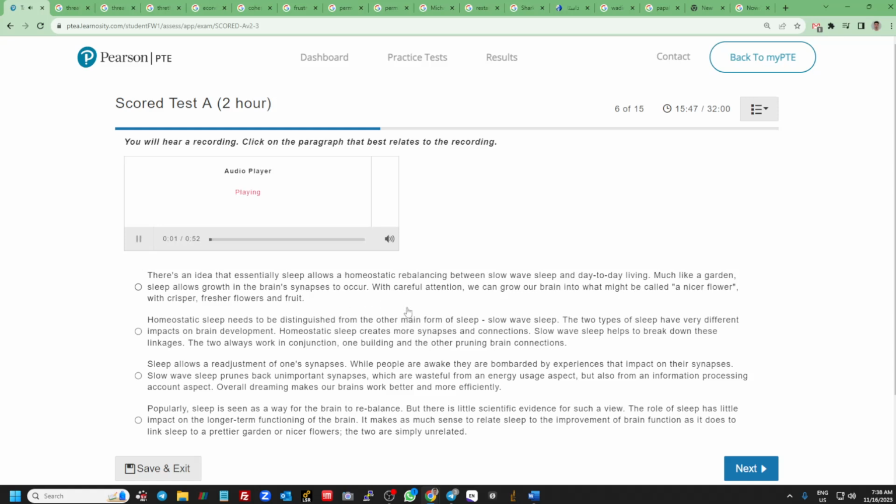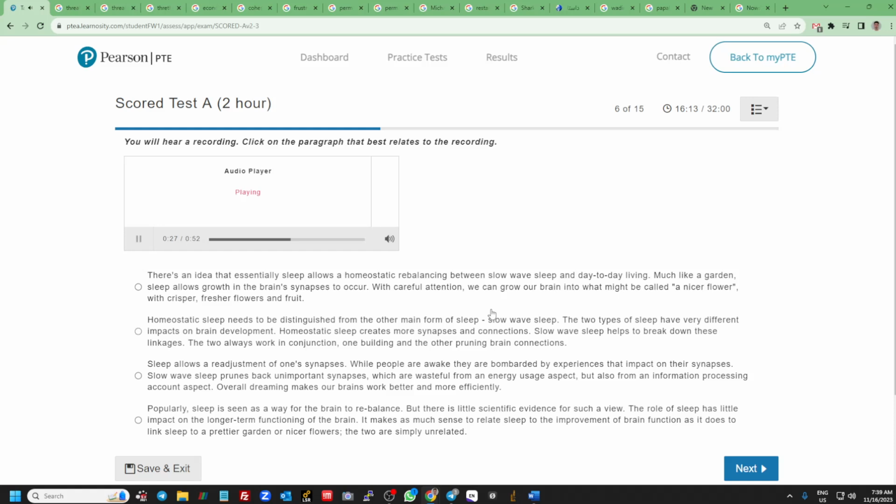There's an idea that essentially sleep allows a homeostatic readjustment of synapses. During wake, you're bombarded by experiences, and that leads to multiple synapses being engaged and their weights being changed. And then what sleep allows, and specifically slow wave sleep, is a pruning back of those unimportant synapses.